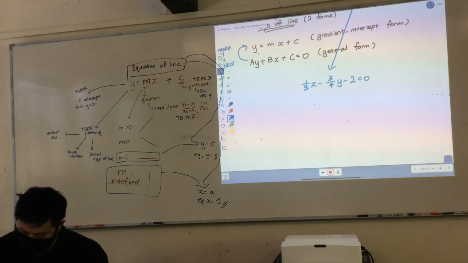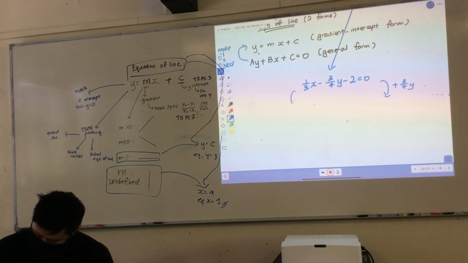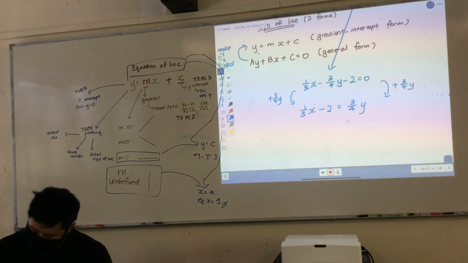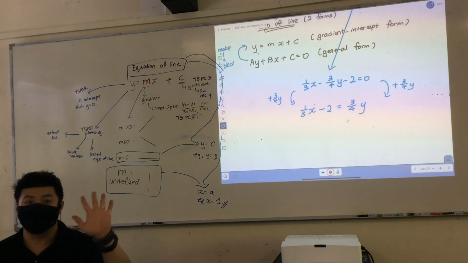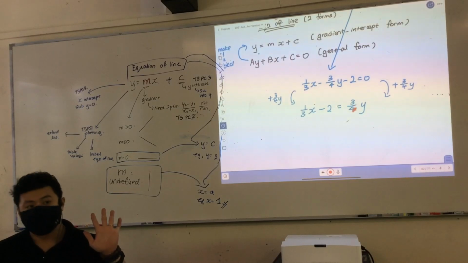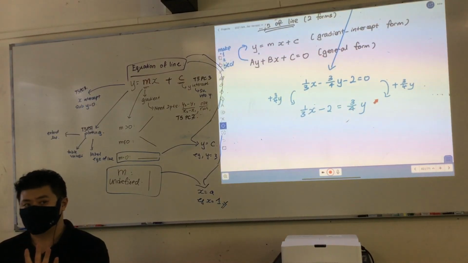If I add 3/4 y on both sides, you notice that I get 1/3 x minus 2 equals 3/4 y. Very simple, I do a very small trick. If you cannot handle it, you let me know. This is 3/4 times y, right?